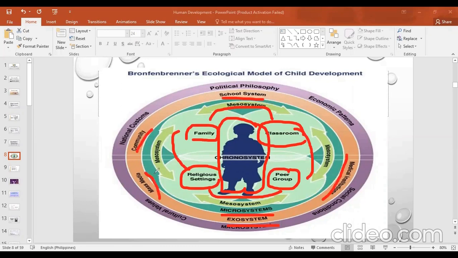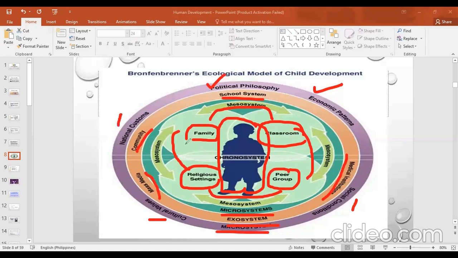Next, so nakaka-affect din sa human development or child development. We also have macrosystem here, or yung sabi natin kanina as larger culture, mas malawak, no? It includes political philosophy, economic patterns, we have social conditions, cultural values, and even national customs.